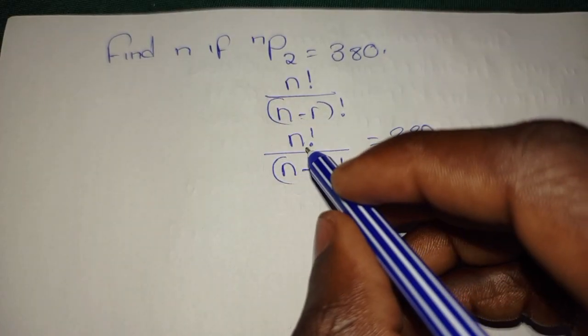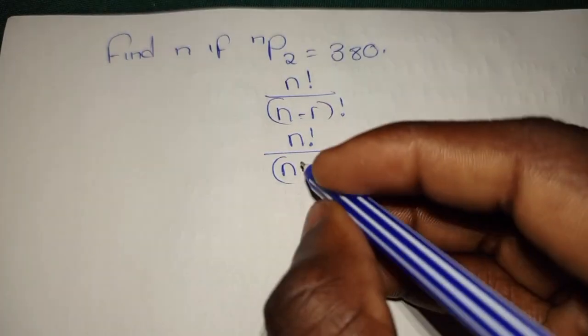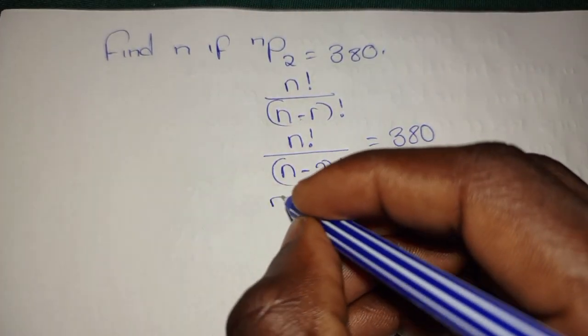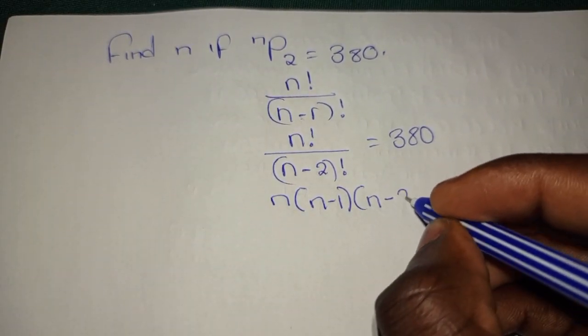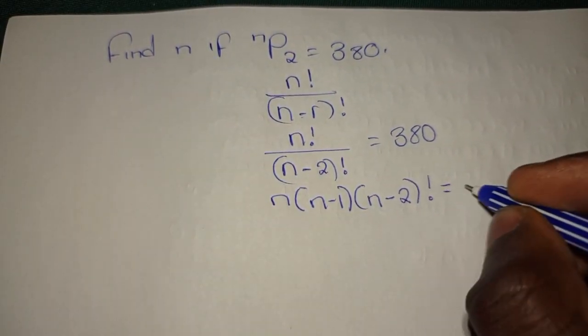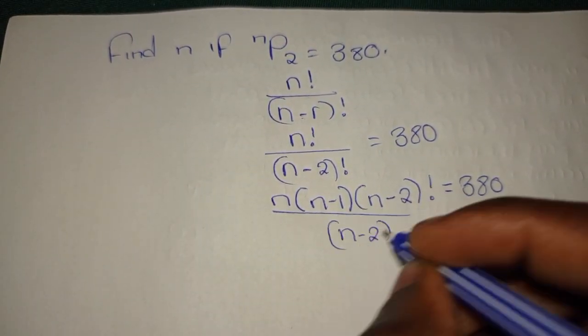We know that for every n elements, they start from 1. So n factorial can also be written as n times (n minus 1) times (n minus 2) factorial, equal to 380 times (n minus 2) factorial.